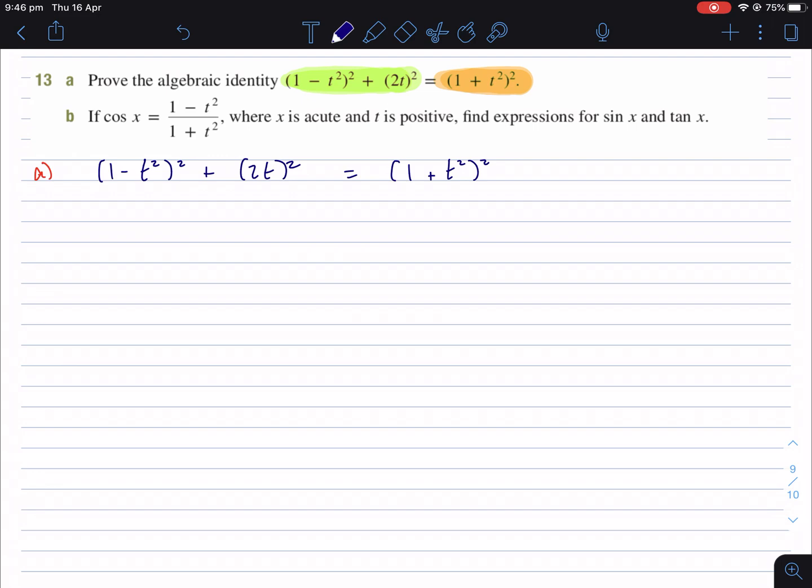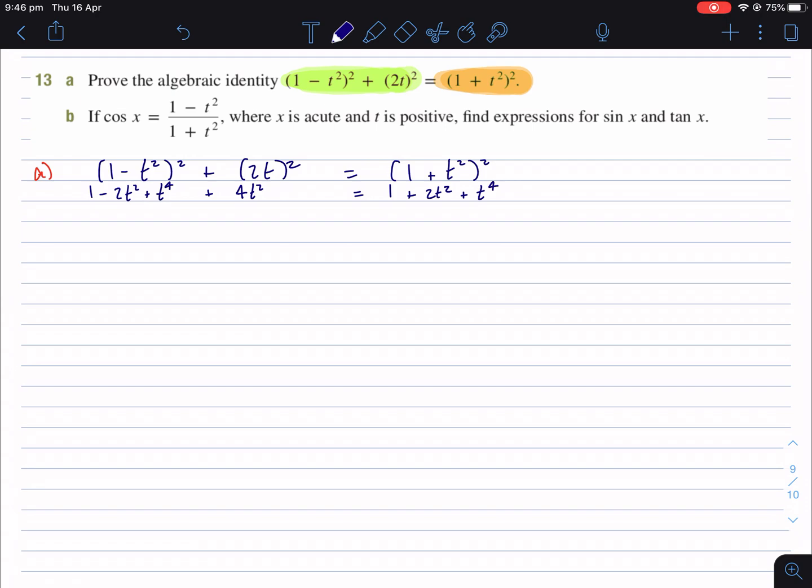And don't forget, that's going to come out as 1 minus 2t squared plus t to the 4. And then I've also got this thing on the right, so that's 2 squared is 4, t squared. And then I shouldn't have written these equals. And on this side, that's 1 plus 2t squared plus t to the 4.